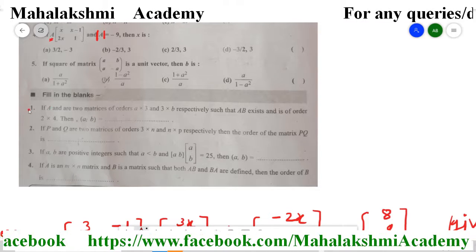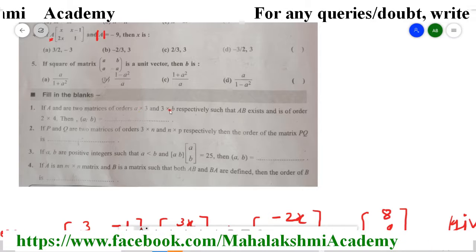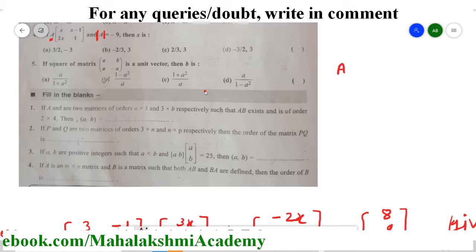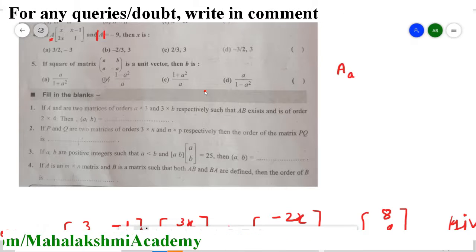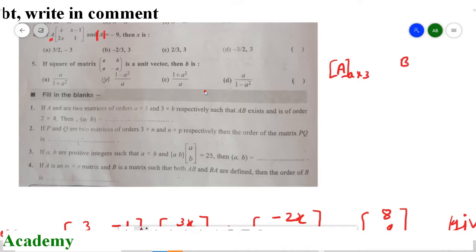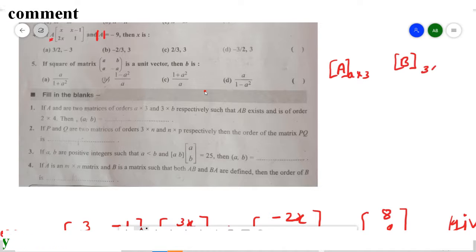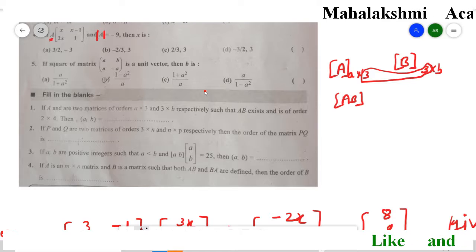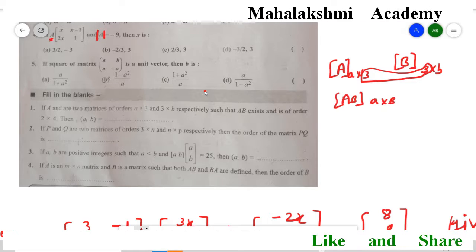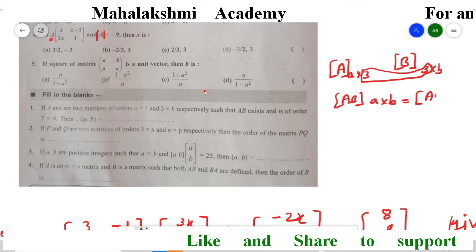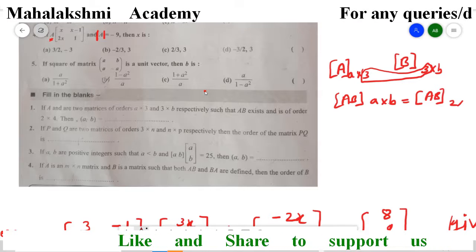Because A's order is A cross 3 and B's order is 3 cross B, I'm just writing here, just see. A matrix order is A cross 3 and B matrix order is 3 cross B. So since both 3's are the same, AB matrix order is going to be A cross B, and it is given that AB matrix order is 2 cross 4.